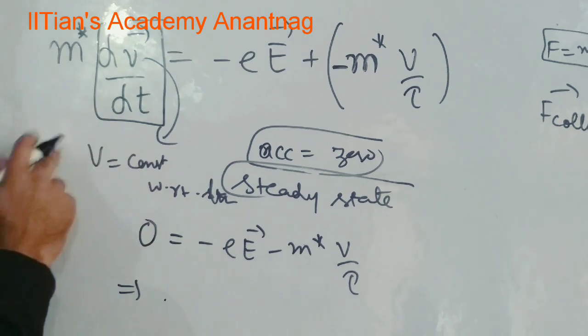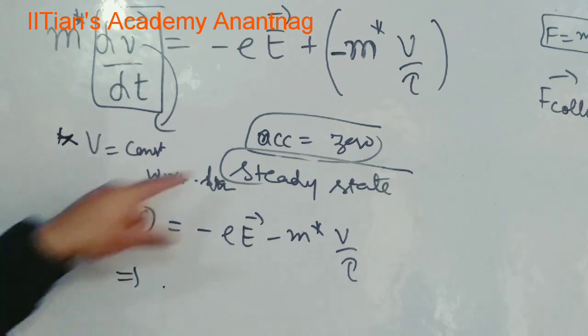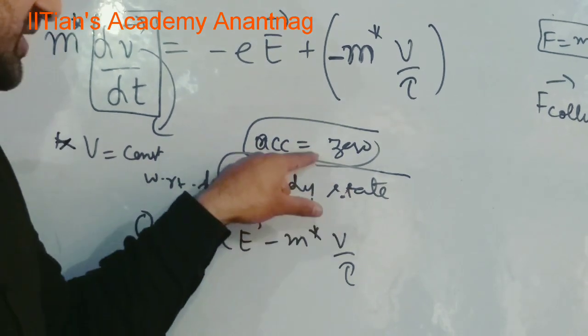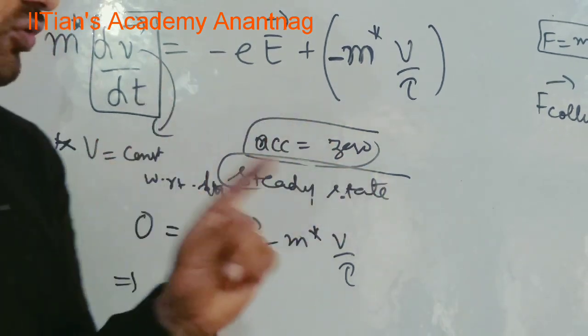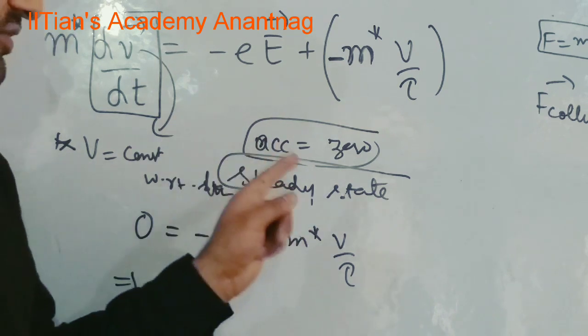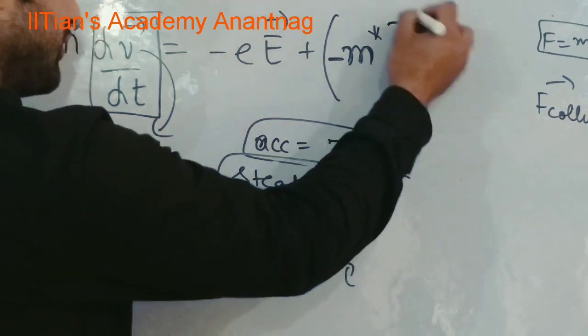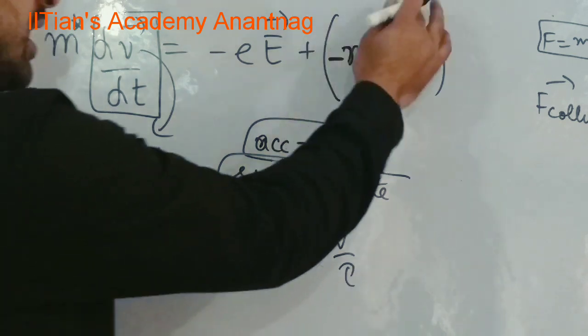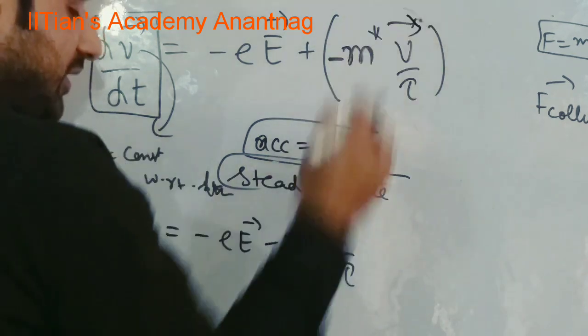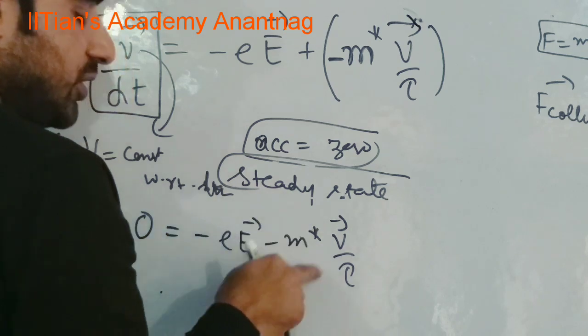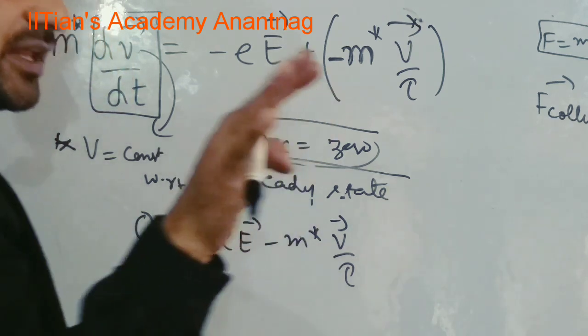One more very important thing here: I discussed steady state. Steady state means the electron is not being accelerated at all. So whatever will be the velocity of the electron, that is going to remain constant. Let me put vector notation, that will be more clear. Whatever will be the velocity of the electron, that is going to be like terminal velocity.